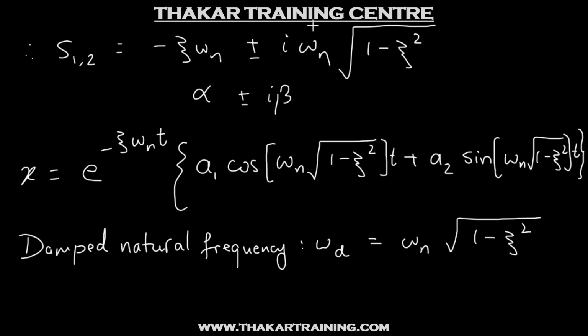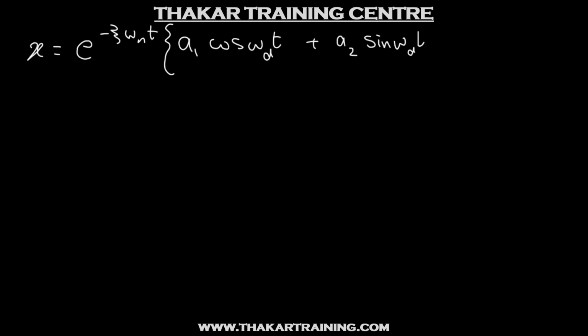So we'll just rewrite this solution now. X equal to e raised to minus zeta omega n t, we have A1 cos omega d t plus A2 sin omega d t. Alright. So now what we have is two arbitrary constants A1 and A2.